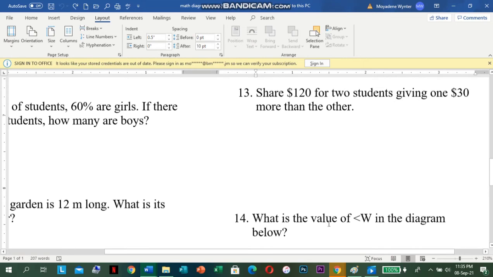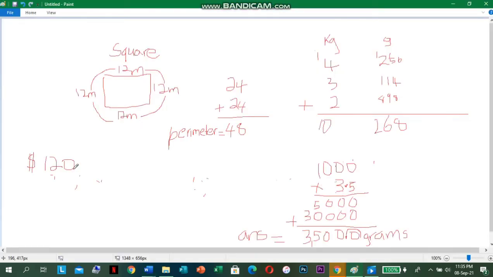So I'm taking $30 out of this $120 and putting it on one side, for the student that will get $30 extra. If I take $30 out of 120, I would be left with what? $90. Okay, I would be left with $90.